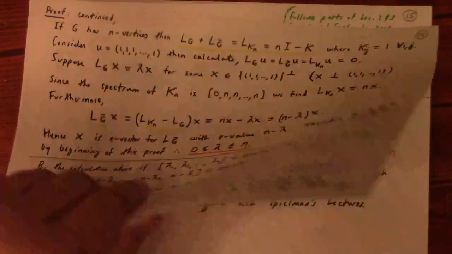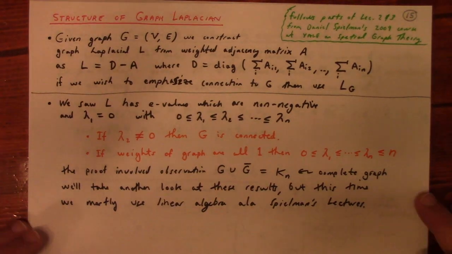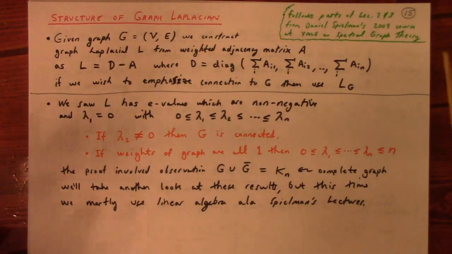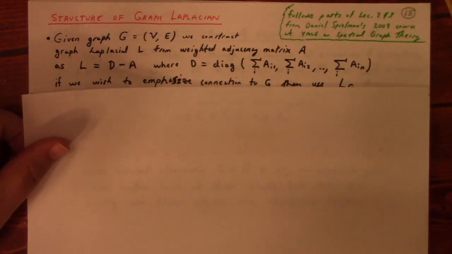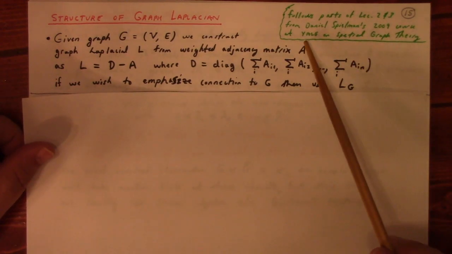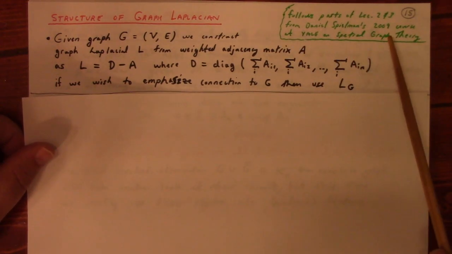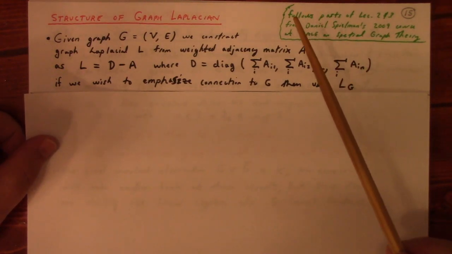All right. So that brings us to today. I want to talk more about the structure of a graph Laplacian. So roughly speaking, following parts of lectures 2 and 3 from Daniel Spielman's 2009 course at Yale on spectral graph theory. I found his notes to be very nice to follow.